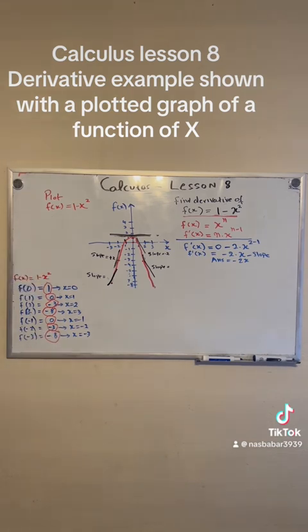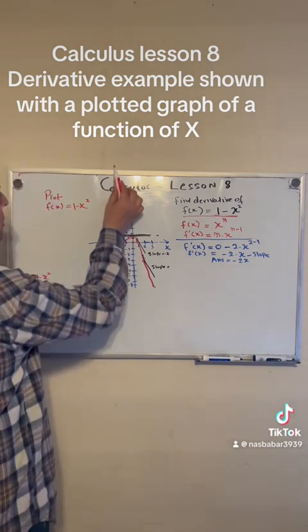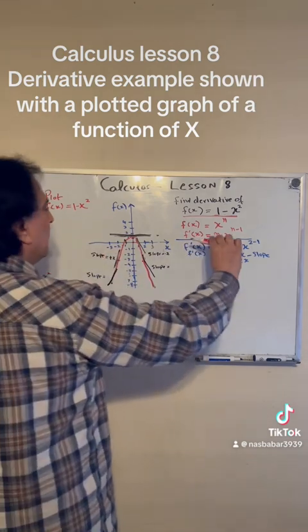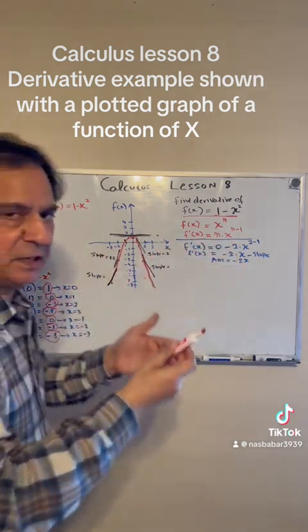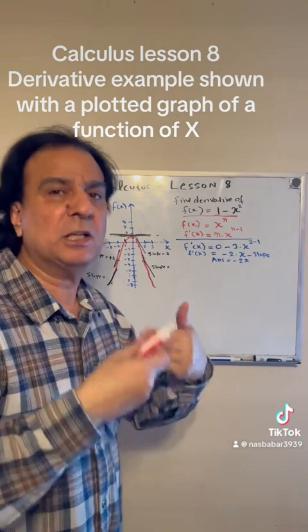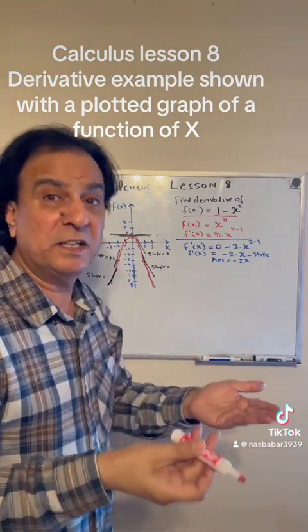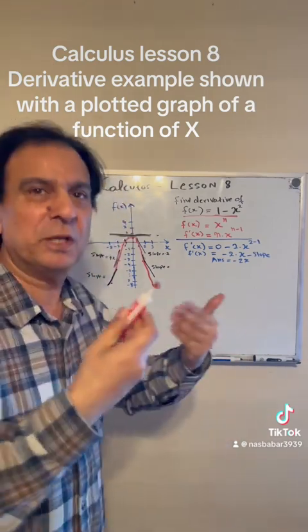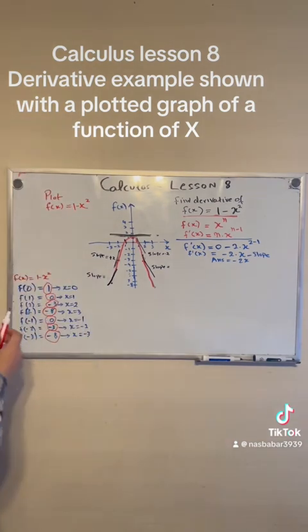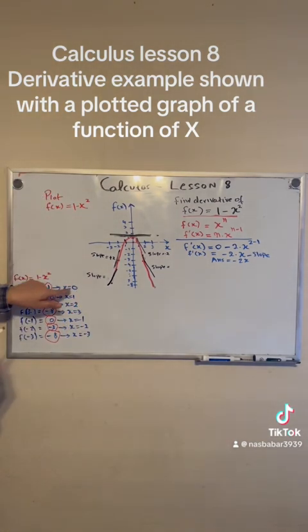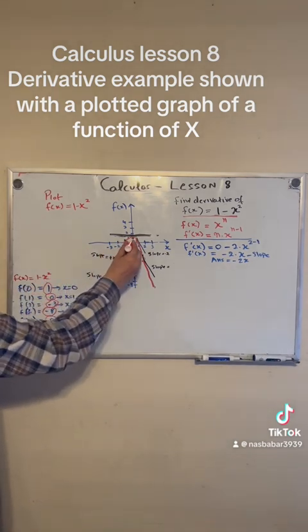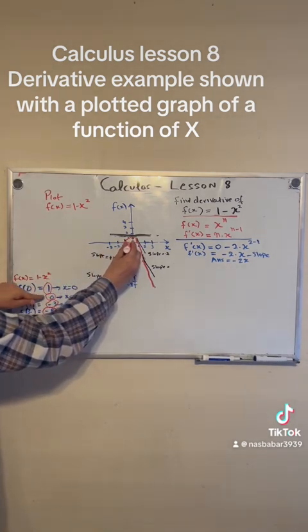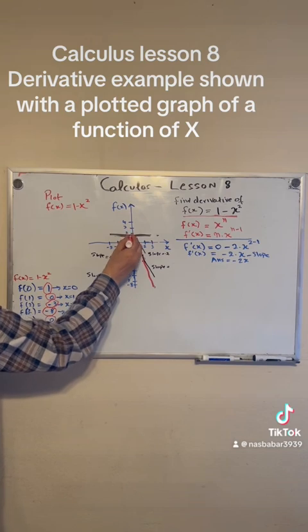Now let's plot it. This way is f of x. This is the x-axis. I've already drawn that in the interest of time, as TikTok does not allow more than a 10-minute video, and I don't want it to exceed that. So if I plot this, x is equal to 0, what is my function? My function is 1. Boom, right here.